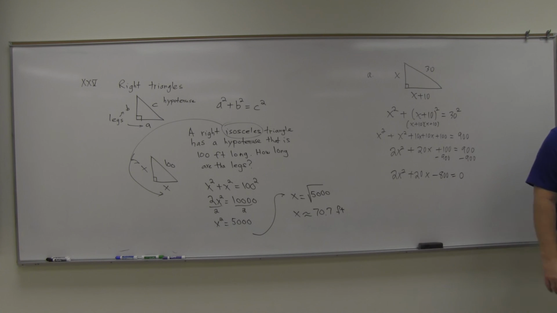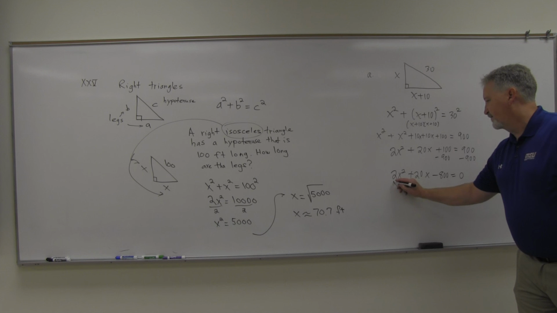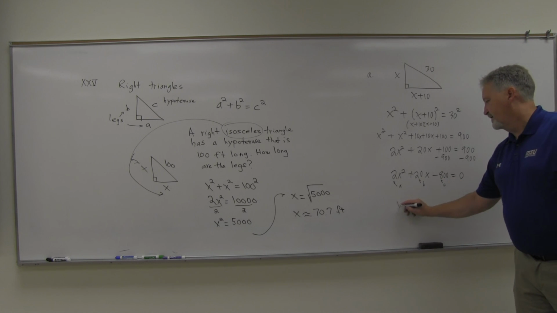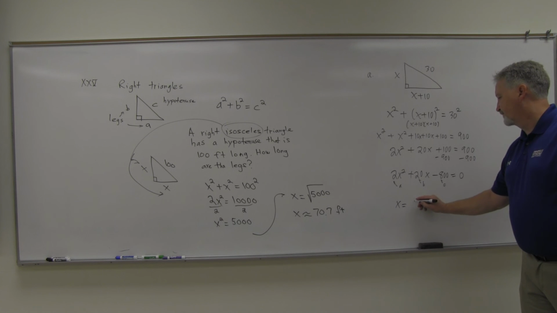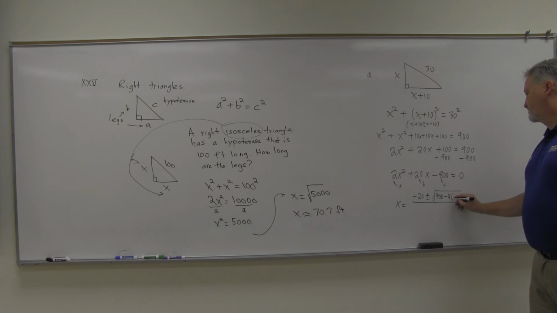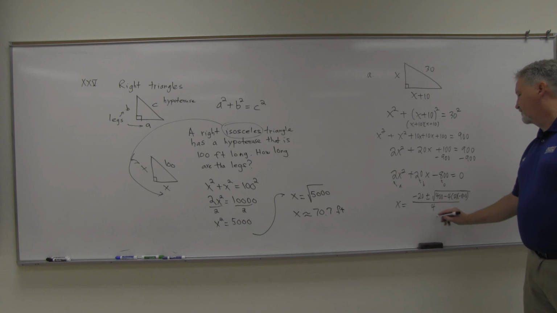This doesn't factor, so it is the quadratic formula again. A is 2, B is 20, C is negative 800. So there you can get the answers: minus B, negative 20, plus or minus the square root of B squared, which is 400, minus 4 times A times C, over 2A.